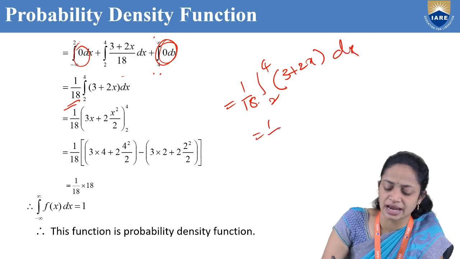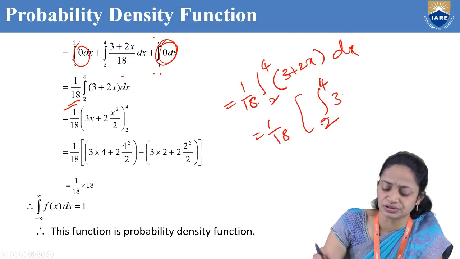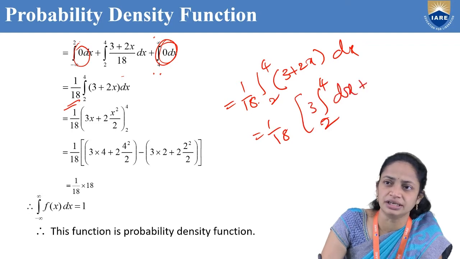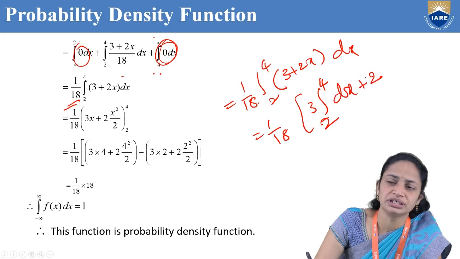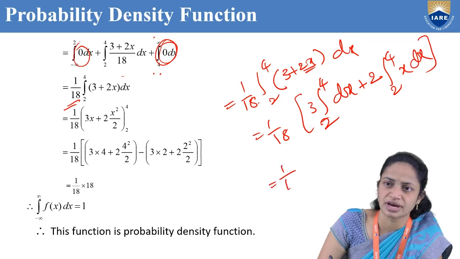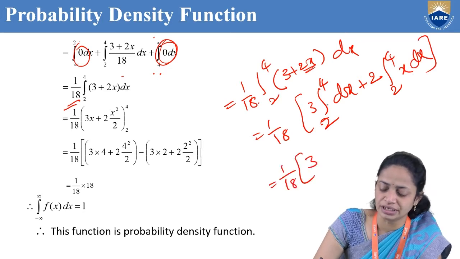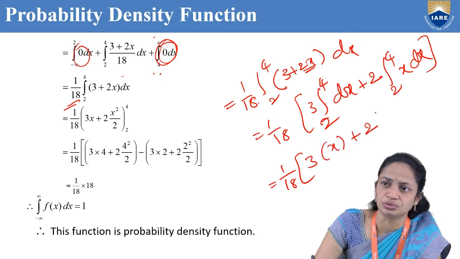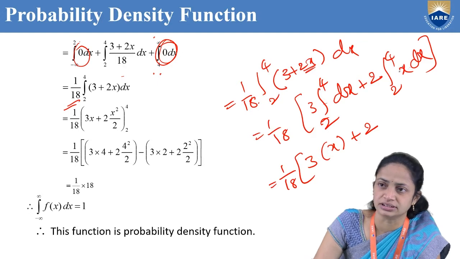So 1 by 18 times the integral over 2 to 4 of 3 dx. We keep the constant outside, then that will be the integral of dx. Similarly 2 is a constant, so we can keep it outside, then that will be the integral from 2 to 4 of x dx. If we simplify this, the integration of dx is x, and the integration of x dx is x square by 2.